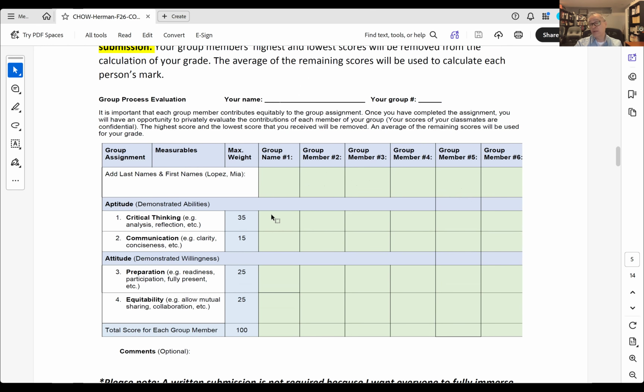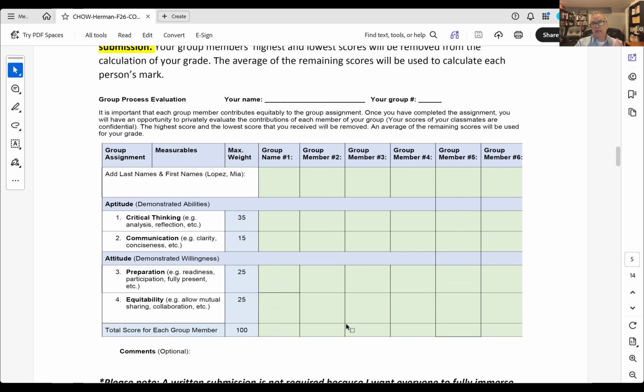Let's say you give them 30 out of 35. That's why you write down 30 here. And then you do the same thing for all four categories, and then you add them up. Please do add them up. The score should add up to 100, so they will get a score out of 100. You will give each group member a score out of 100 for their contribution.